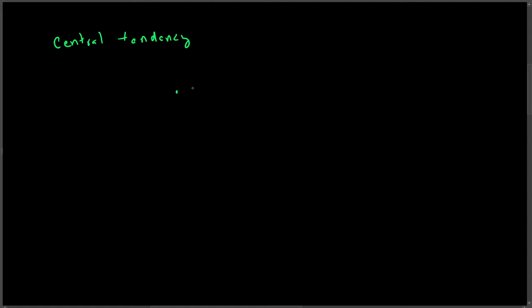So if I have a number line and I have a collection of numbers, there's different ways we can think of the middle. We can think of the middle as the number that has an equal amount of numbers on either side of it.